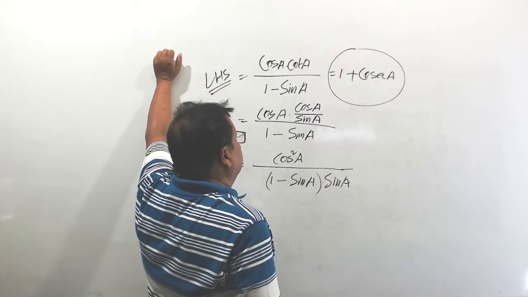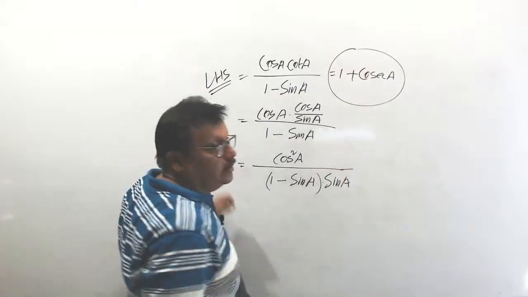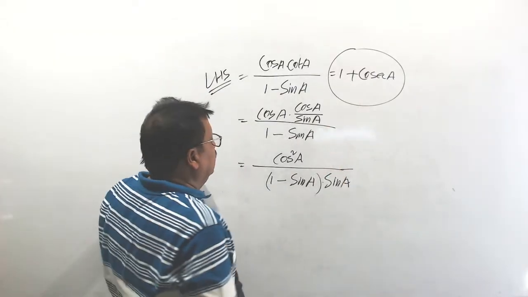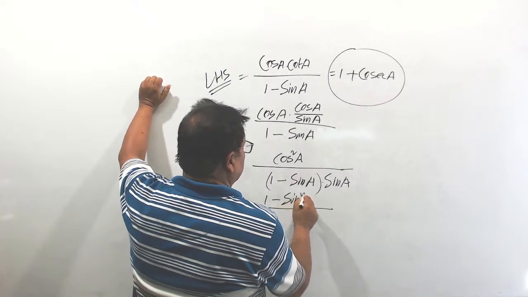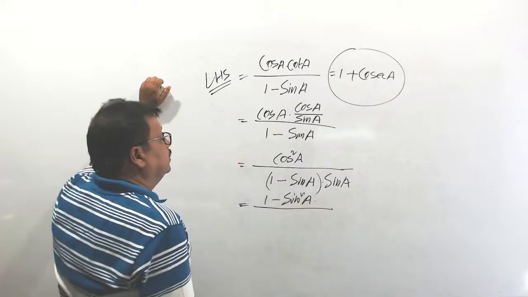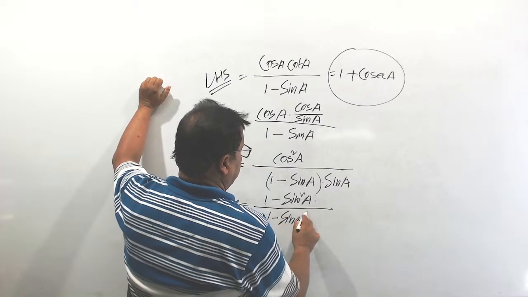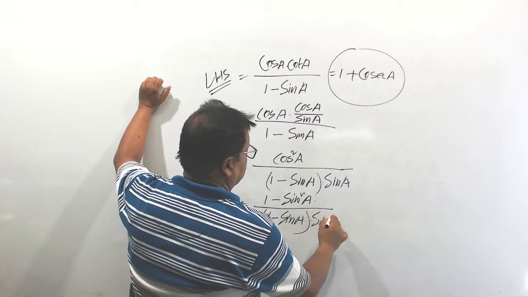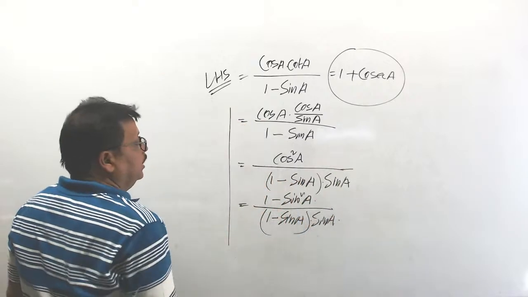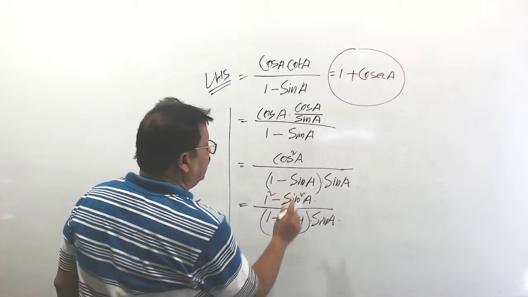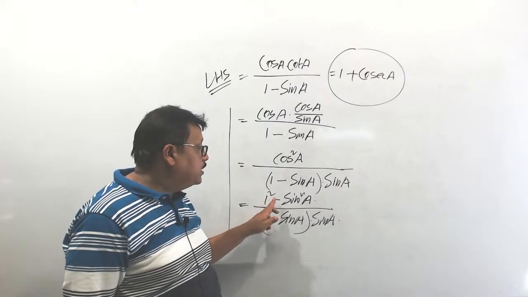Now, what will you do? To bring cosec A. So, what is cos square A? Cos square is equal to 1 minus sin square. Can you write? This is the formula. 1 minus sin A into sin A. See, 1 means what? 1 square. A square minus B square.